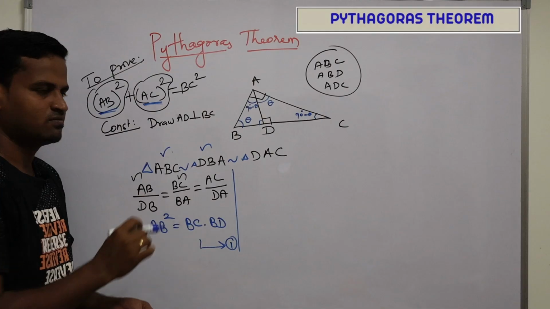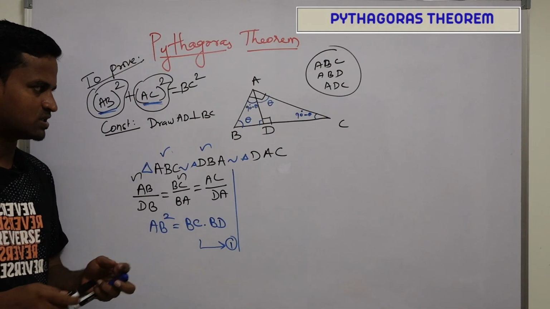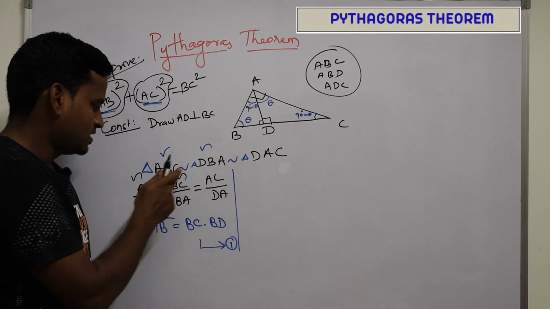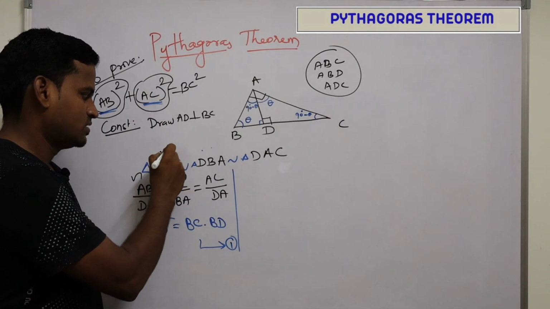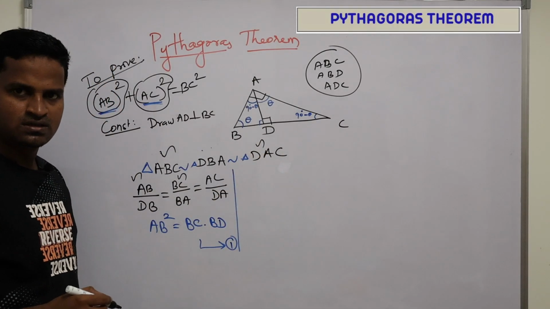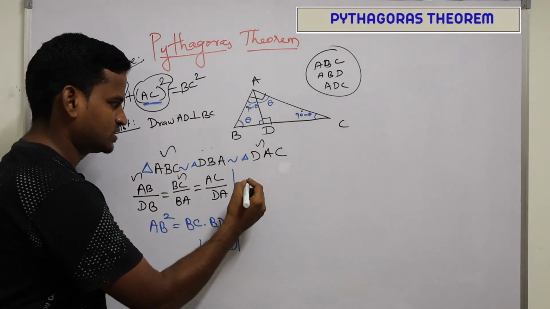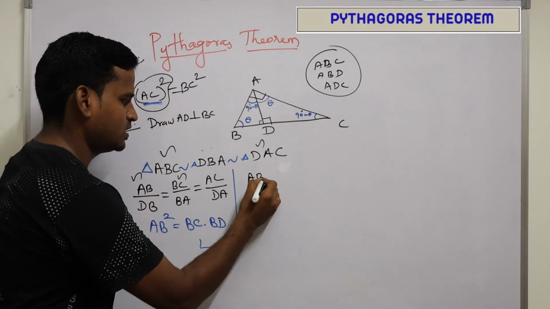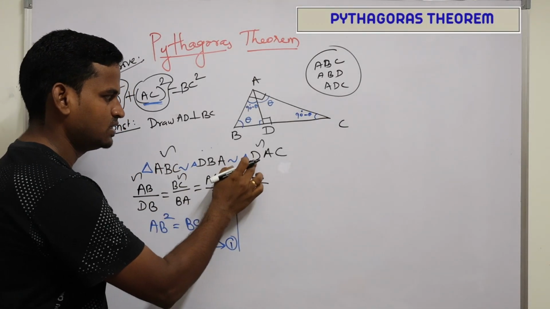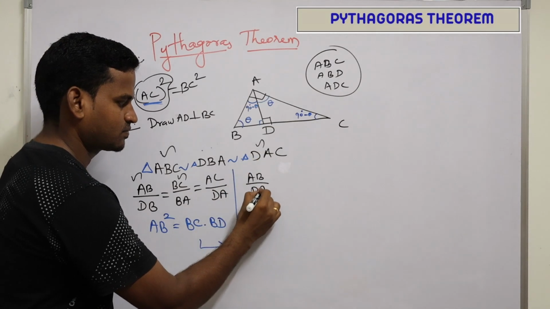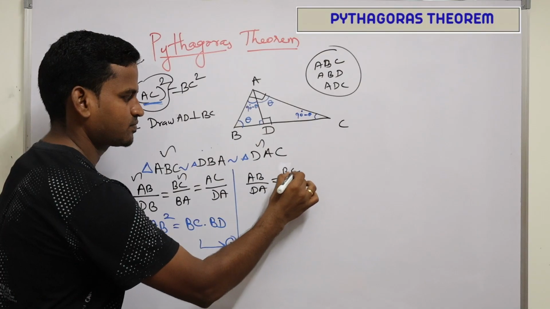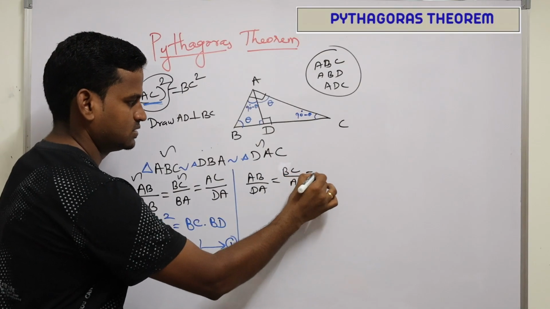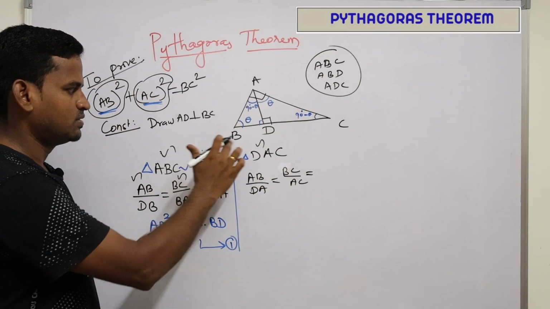I need AC square. Where is AC? You can check, here AC is there, and again here AC is there. Now you check these two triangles, which are similar. You can write it in proportion: AB by DA, then BC by AC, then AC by DC.